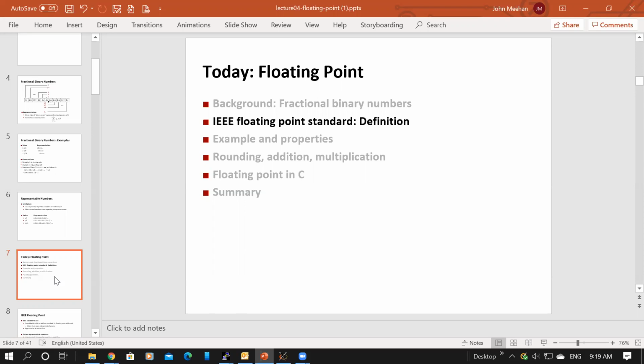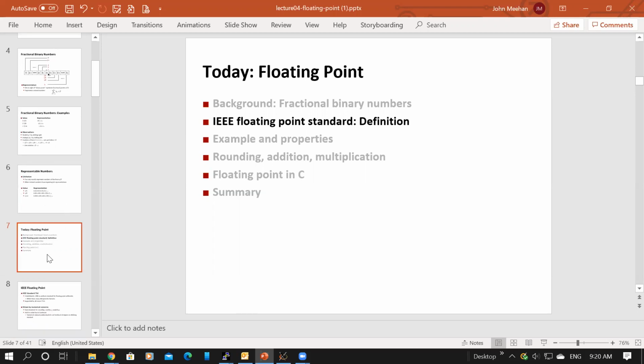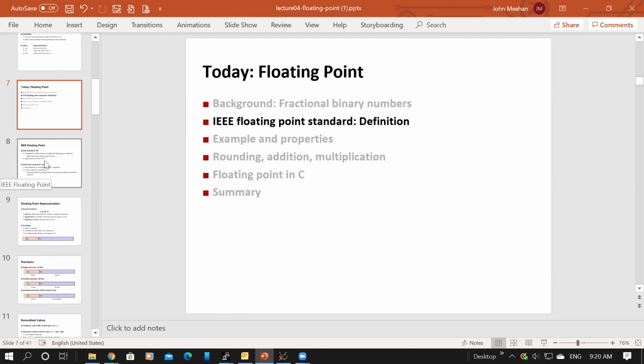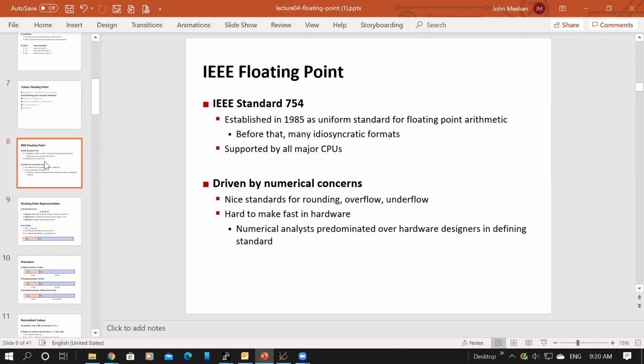They implement the IEEE 754 standard. IEEE just gives numbers to their standard. So we want to learn what the IEEE 754 standard is for how these things are stored in the computer. In 1985 is when they said, let's establish this one common standard, and then when you build your hardware, everybody will conform to the same floating point standard.